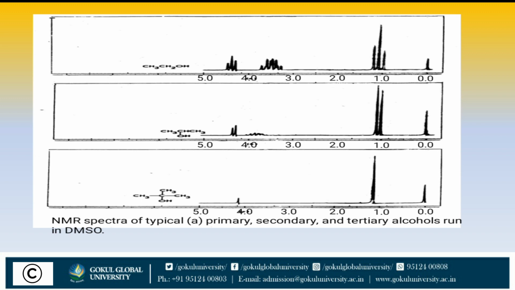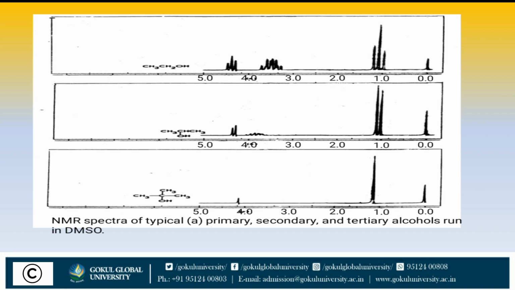CH3CH2OH is ethanol, and these all give different signals: CH3 gives 1, the OH group gives above 4, and CH2 gives 3 to 4.